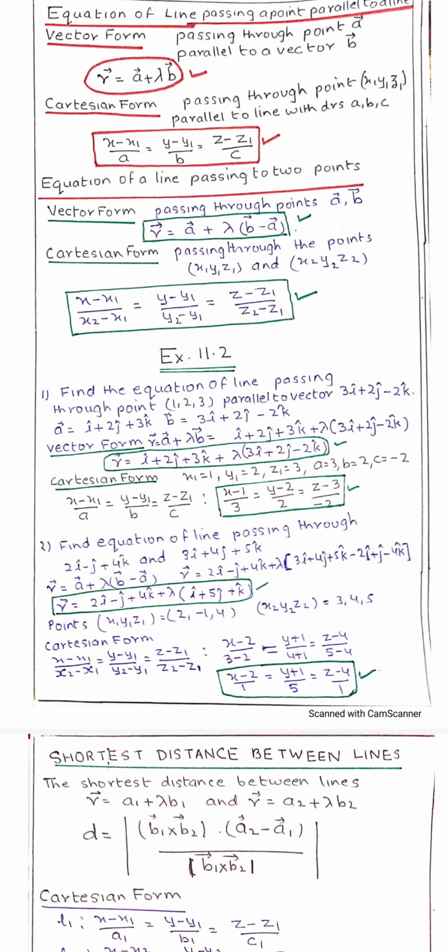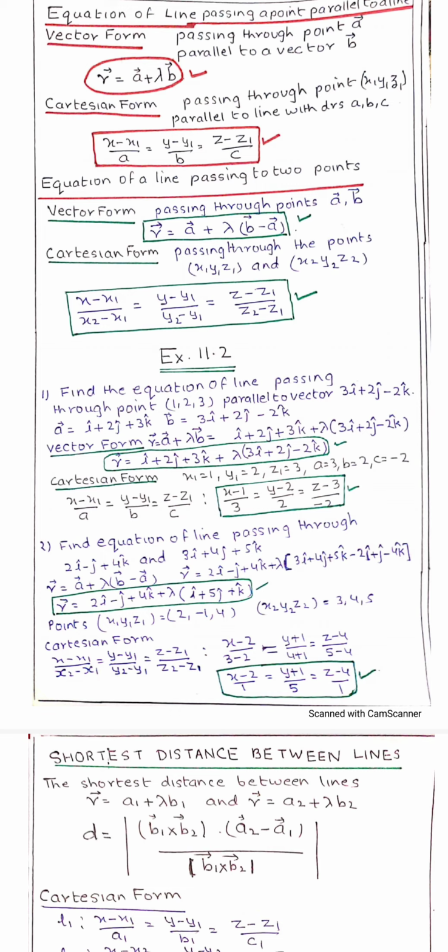Cartesian form: x1 is 1, y1 is 2, z1 is 3, a is 3, b is 2, c is minus 2. We get the Cartesian form x minus x1 upon a, y minus y1 upon b, z minus z1 upon c as x minus 1 upon 3, y minus 2 upon 2, z minus 3 upon minus 2.